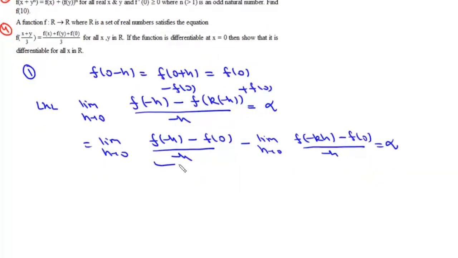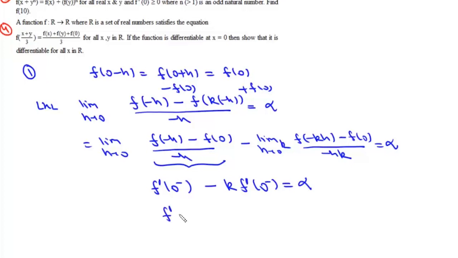Now this is nothing but the left hand derivative at 0, so it will be f'(0) negative, and here if we multiply and divide by k, now this again is f(0-kh) minus f(0) upon -kh, so it will be the left hand derivative at 0. So this is k into f'(0) negative, that is equal to alpha.